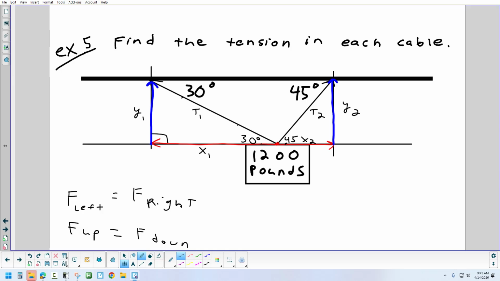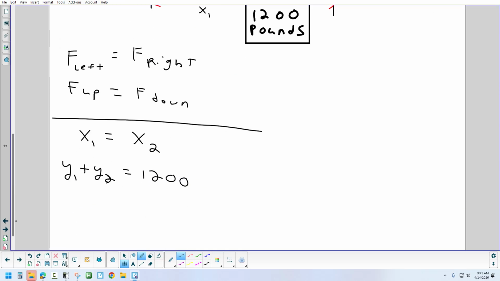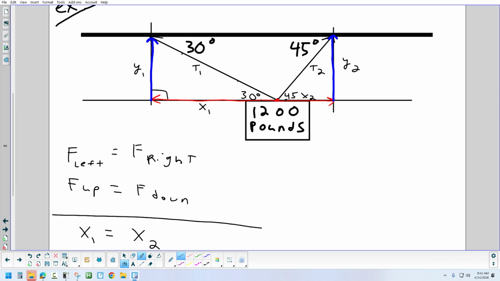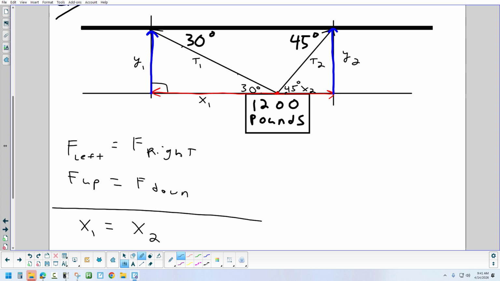Now let's see if we can come up with formulas for x1, x2, y1, and y2 using our angles and the other labels in the triangle. Let's start with x1. What trig function would you use that would involve x1, the angle, and the tension?